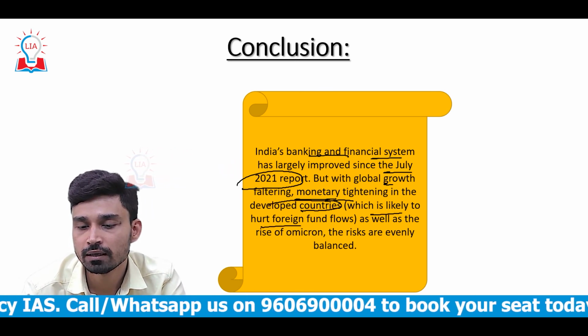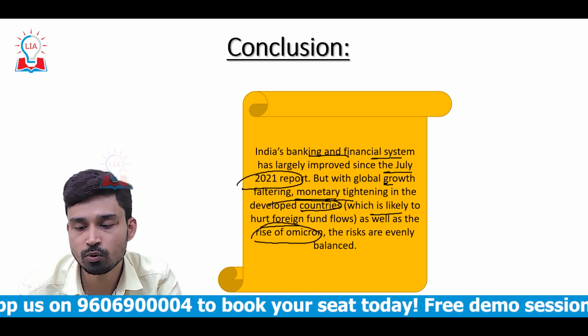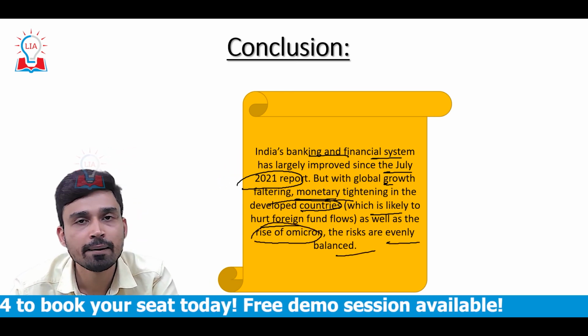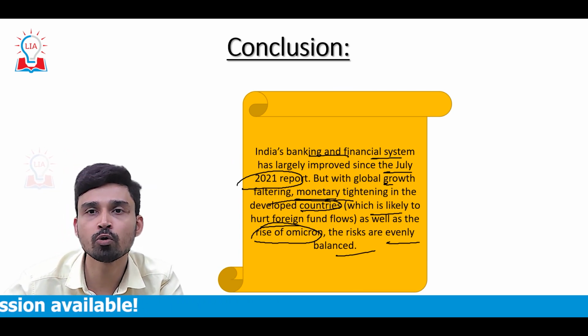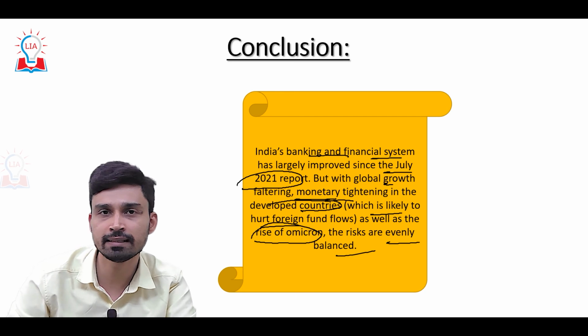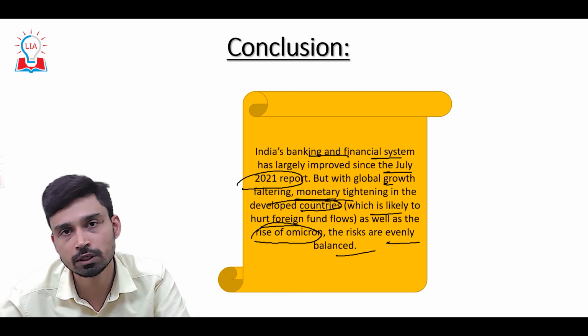And due to the rise of Omicron, the risks are evenly balanced. That means we cannot say that India's economy is going to falter very fast, and also we cannot say that it is going to recover very fast.